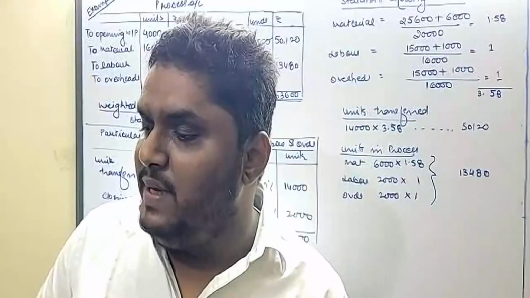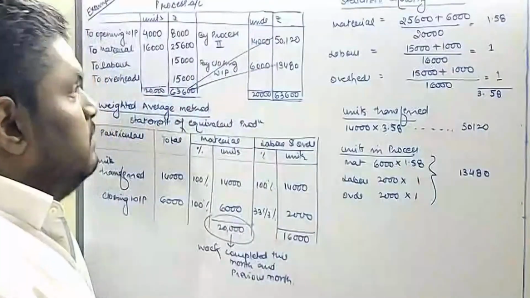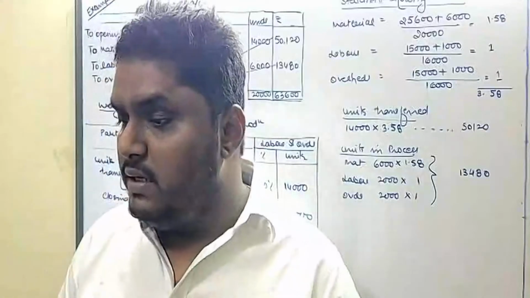Okay, sir, please tell me how come 6,000 and 1,000 came? Where is 6,000?